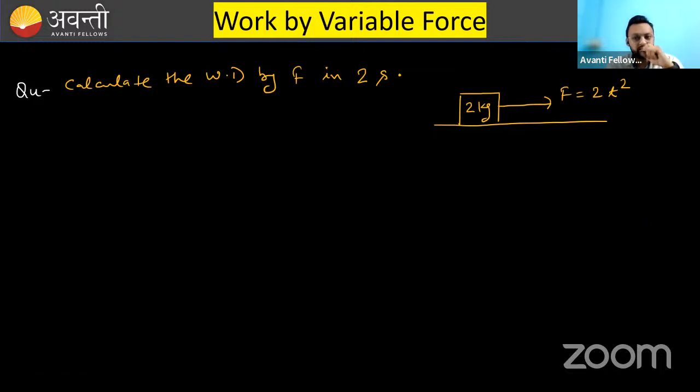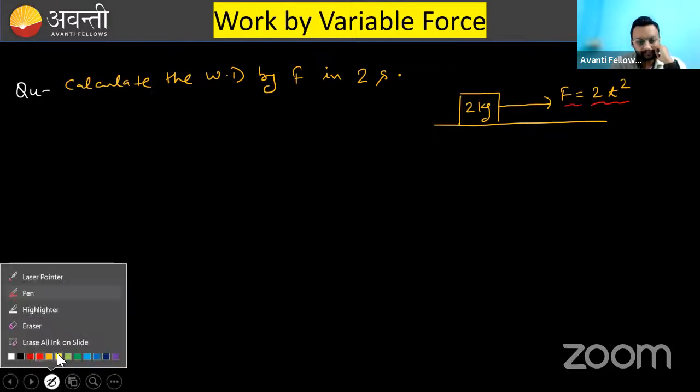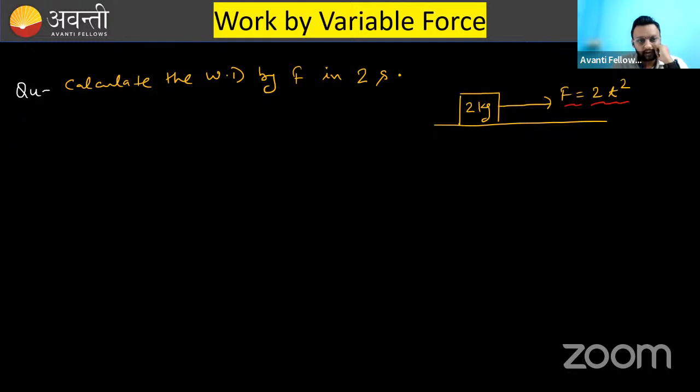So this situation is the second case. Here they are asking, calculate the work done in 2 seconds, and the force is varying with time. So let's try to solve it.